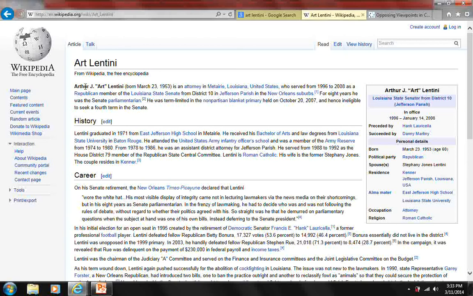So here we have our little short biography. He's an attorney in Louisiana, and again, was a Louisiana State Senator. We already knew that before. To get a little bit more information, let's look at his education. He has law degrees from Louisiana State University. That's a little bit more information that we can put in.